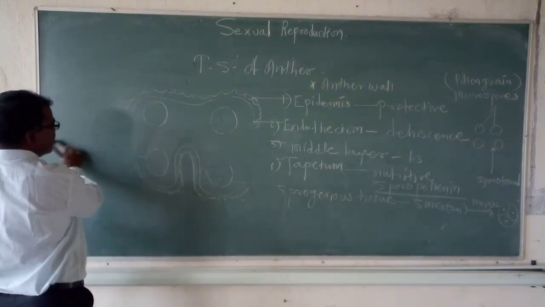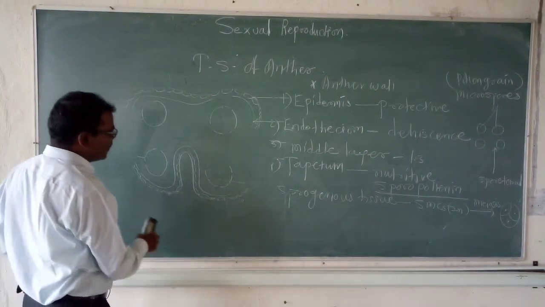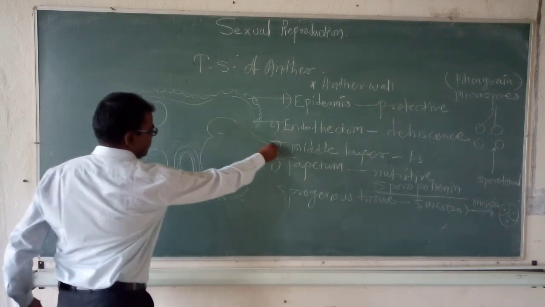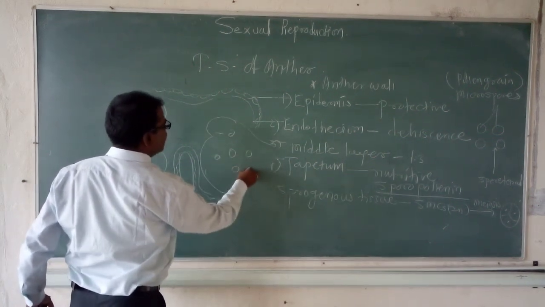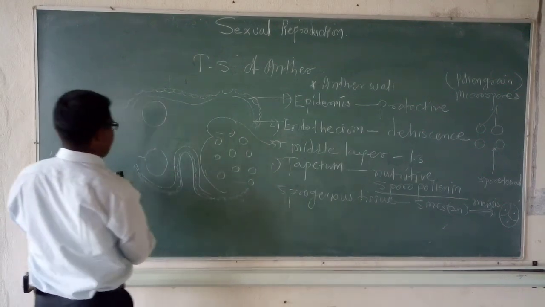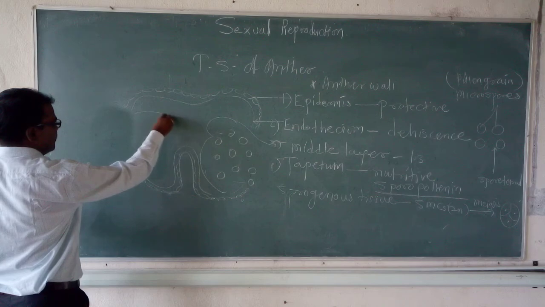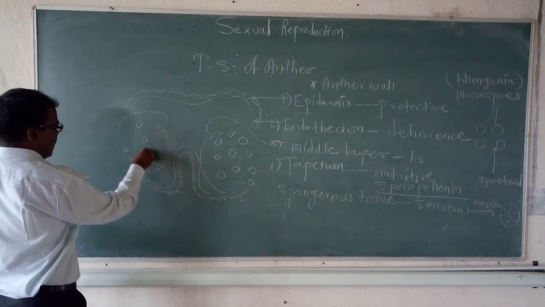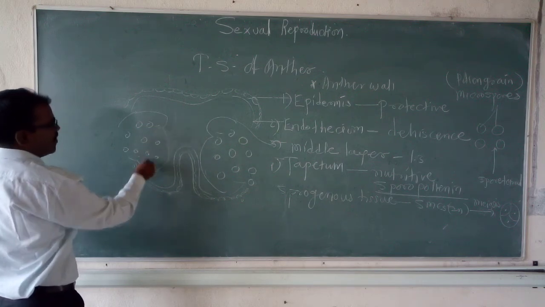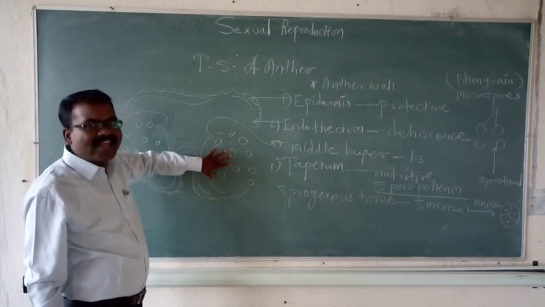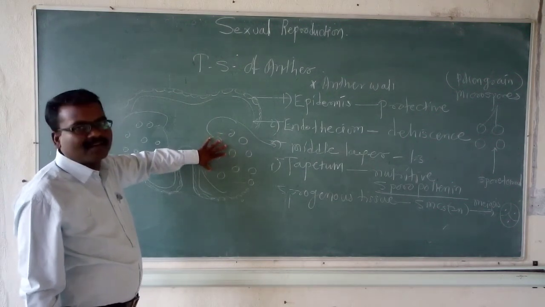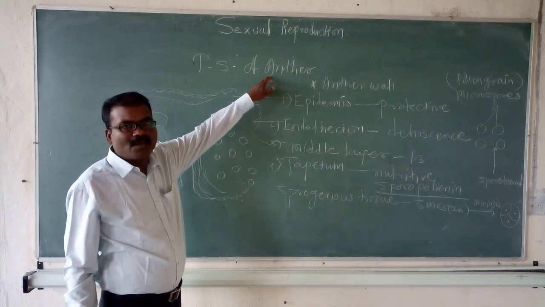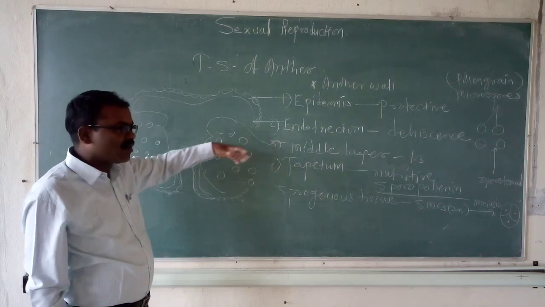The anther wall ruptures and there is release of pollen grains or microspores. Dehiscence takes place after the maturity of the anther.